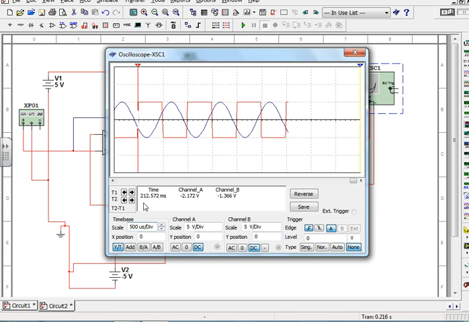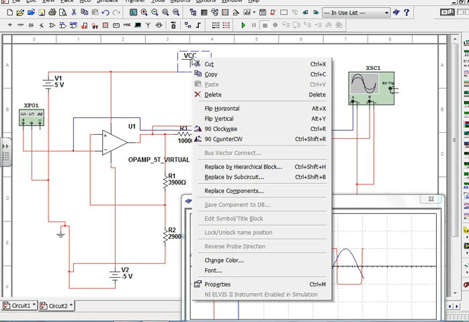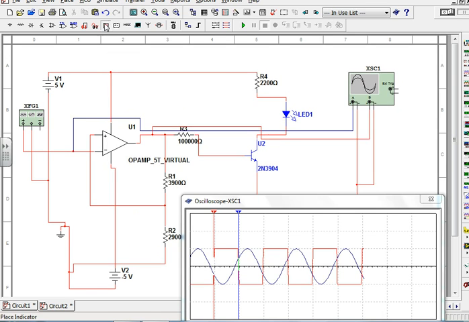Okay, so I see my lower trip point at minus 2.1 volts, and I see my upper trip point at plus 2.1 volts, which means the upper and lower trip point was wrong, which is what we said it was, right? And then I look at the current. We'll go and get rid of this guy. And we'll throw an ammeter in there.